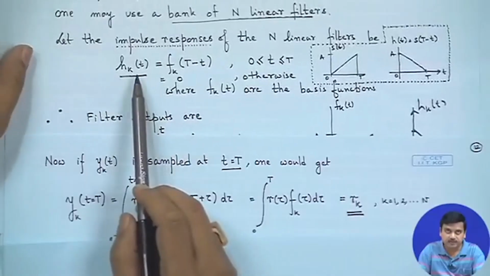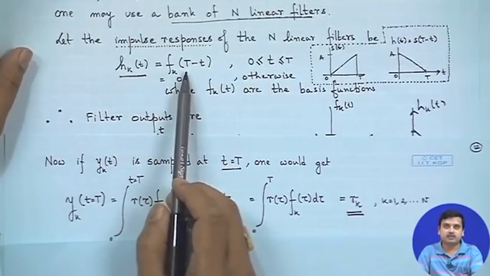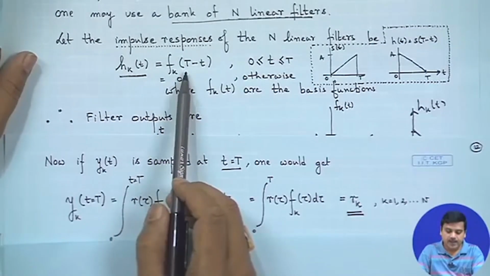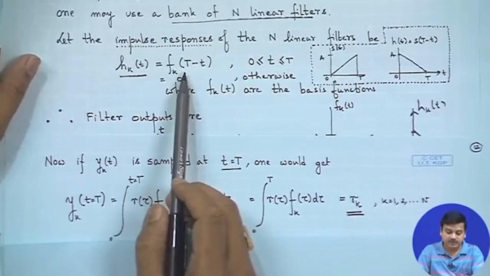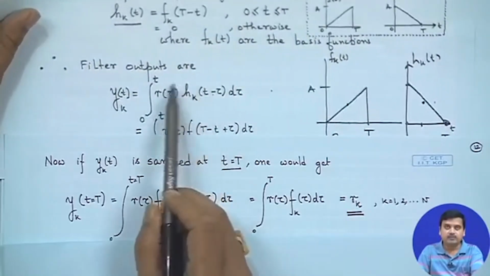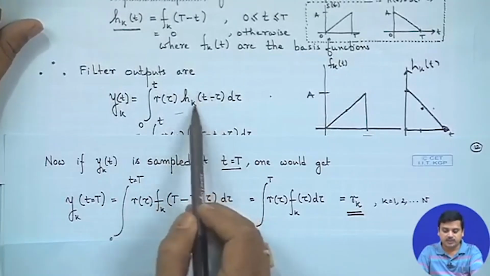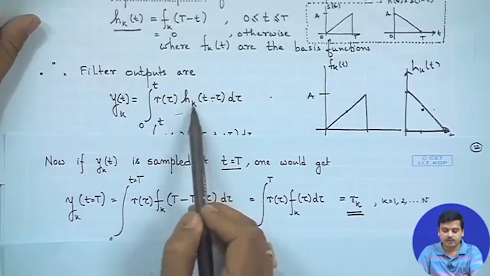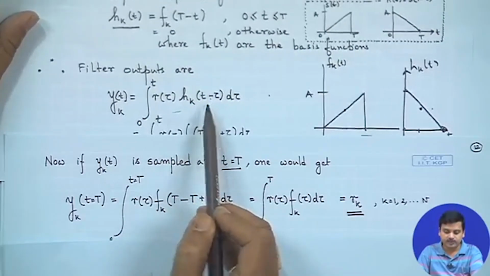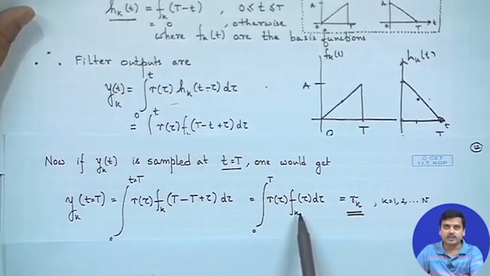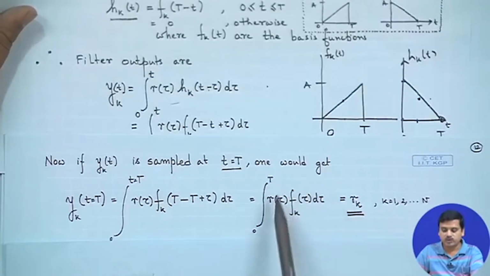Now, this is not very surprising at all, simply because what we have done here is we had assigned hk as the flipped version of fk, and if you think of it as a filter, then a filter requires a convolution operation. In the convolution operation, there is again another flipping. So, because of this double flipping, it turns out to be the same as the correlation with the basis function.